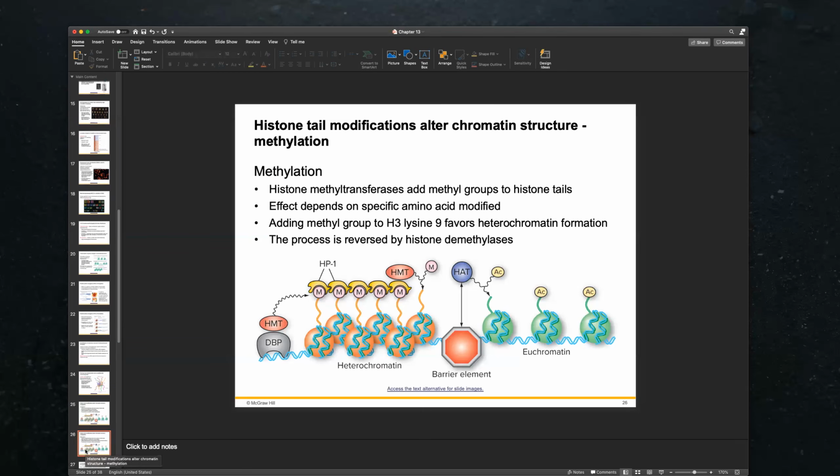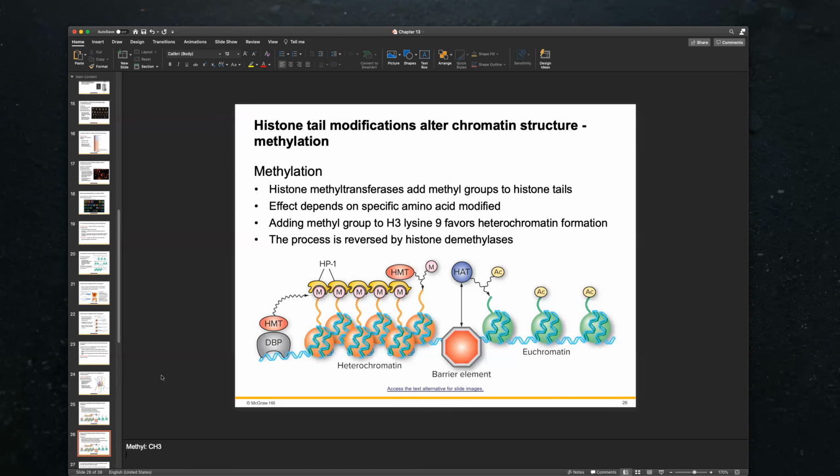Yep. Histone methyltransferases add methyl groups, and that's just a CH3. The effect depends on the specific amino acid modified. Adding it to the ninth lysine of the H3 histone makes it more like heterochromatin, more condensed.